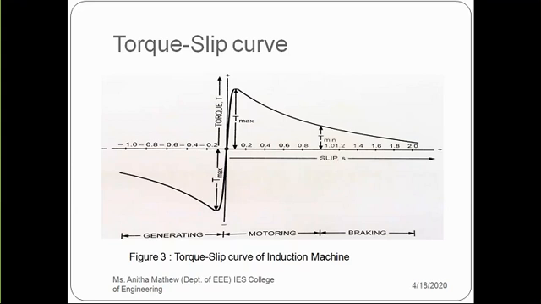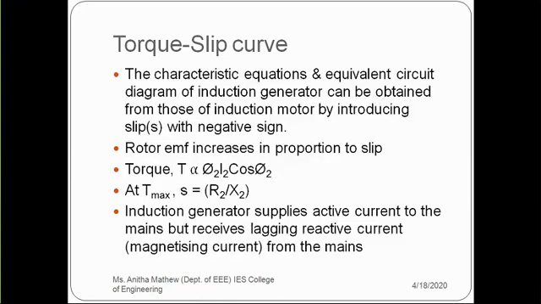That means slip equal to 1 means n equal to 0. Again, the torque of the induction generator is the same as that of the induction motor, except we have to add a negative sign in the slip.